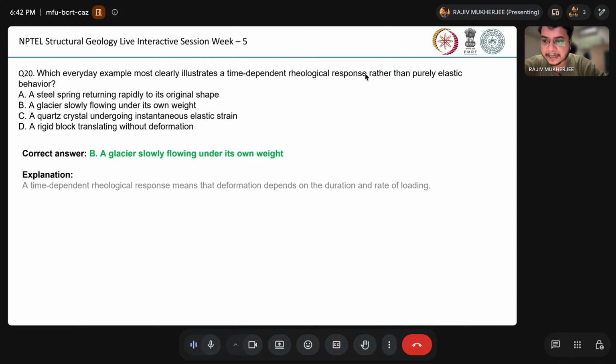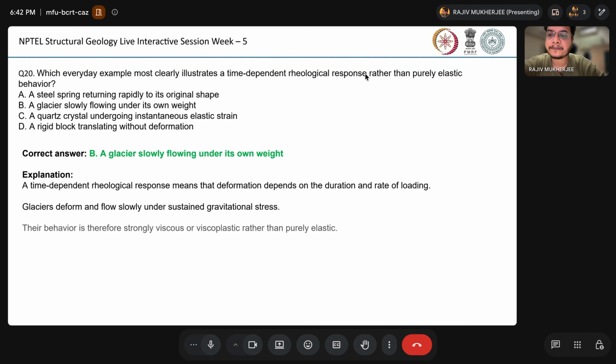So if we explain, a time dependent rheological response means that deformation depends on the duration and rate of loading, right? So glaciers deform and flow slowly under sustained gravitational stress. So this behavior is therefore strongly viscous or viscoplastic rather than purely elastic. A steel spring is commonly used as an idealized example of elastic behavior.